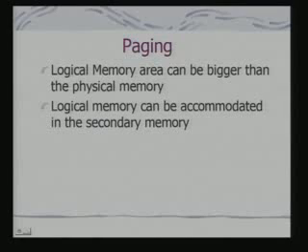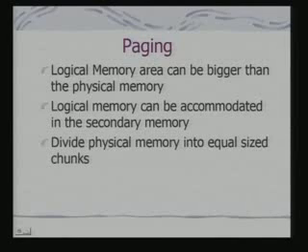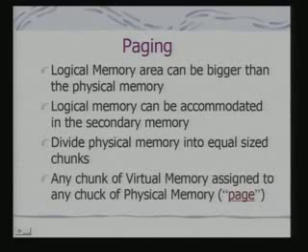Logical memory can be accommodated in the secondary storage, and what can be done is to divide physical memory into equal sized chunks, and these chunks are really pages. Any chunk of virtual memory can be assigned to any chunk of physical memory, and that's the basic principle of paging for implementation of virtual memory.